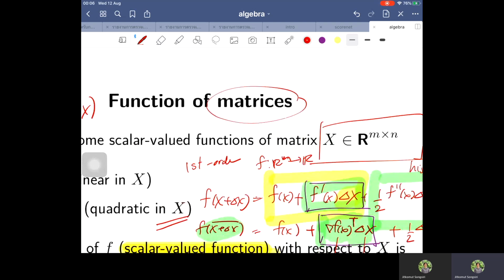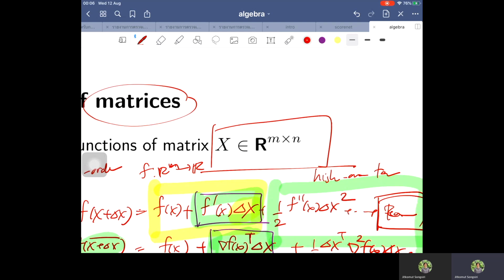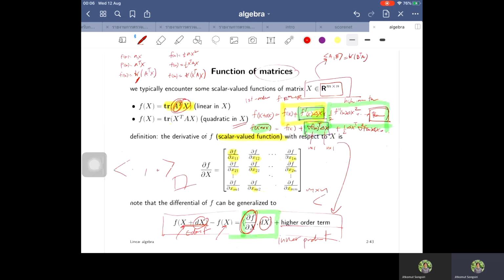Now, if you work with matrices, of course R^(m by n) is an inner product space, the inner product in this space is going to be this: A inner product with B is actually trace of B transpose A. So by this notation, here it's actually trace of dx transpose del f by del x.